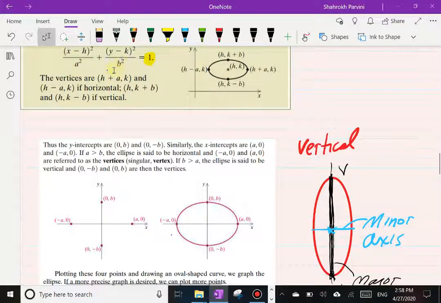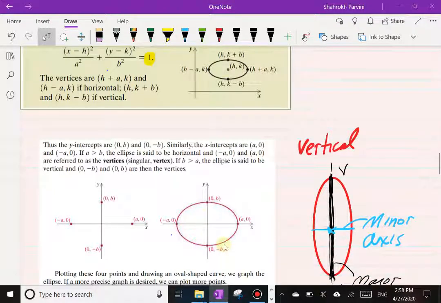B in the denominator of this fraction goes along with y. So from the center, you go up b units, down b units, and these will give you the 4 points on the ellipse. And the next step is, of course, what they've done here is they've drawn the ellipse through these points, through these 4 points.